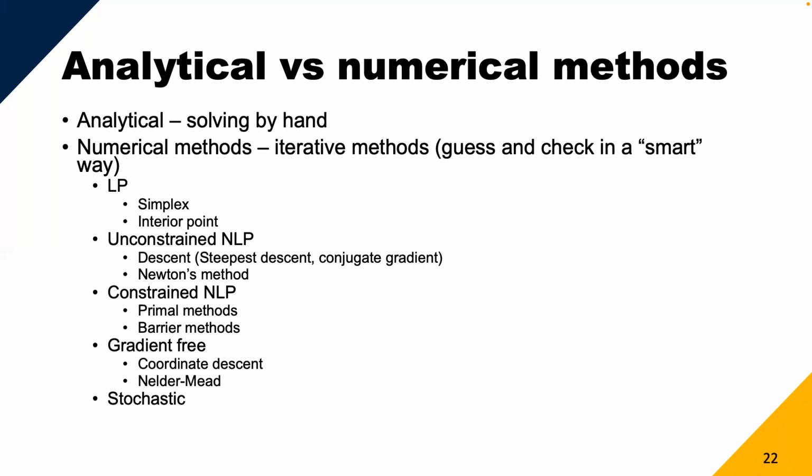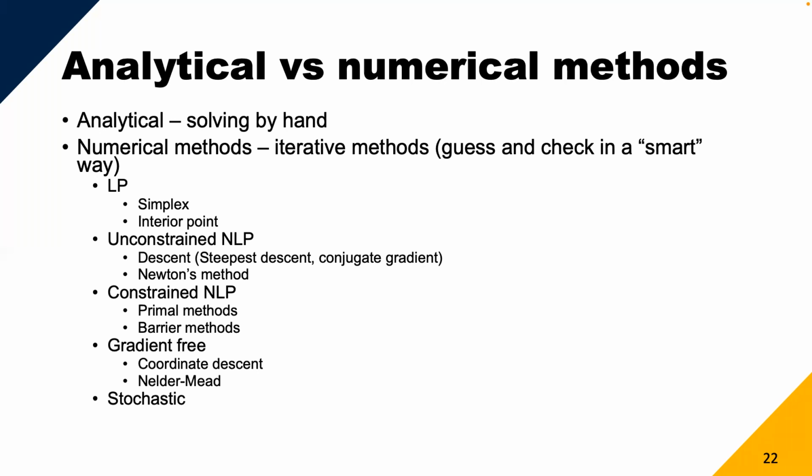So it'll look at things like gradients. You'll always try to decrease the value of your objective function if you're doing some kind of minimization. And there are lots and lots of different numerical methods for linear, for unconstrained, for constrained. These are types of algorithms that you would learn in an optimization course.